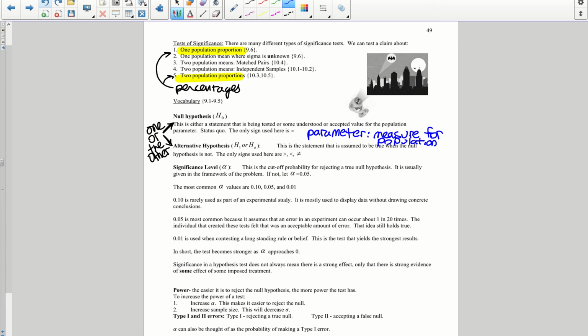Is it a one-to-one relationship? Is it like what happens in the sample is exactly what happens in the population, or is what happens in the sample kind of what happens in the population? And if it's kind of, you've got to throw a percentage on that. That's the probability. So what are the chances that the sample results are in alignment with the population?